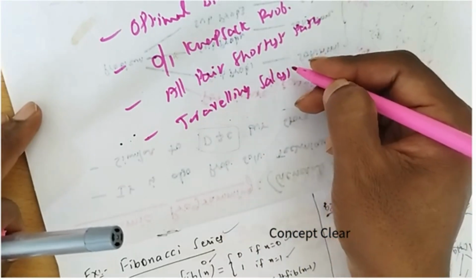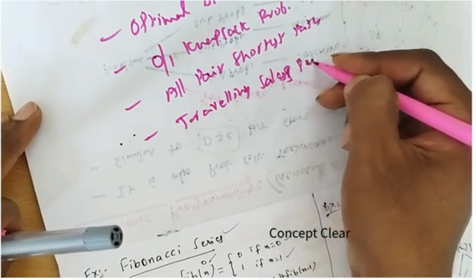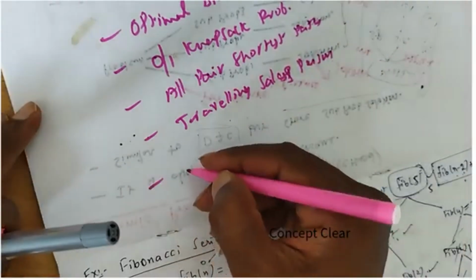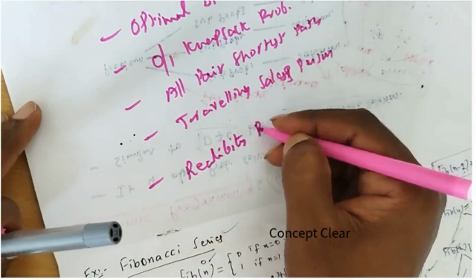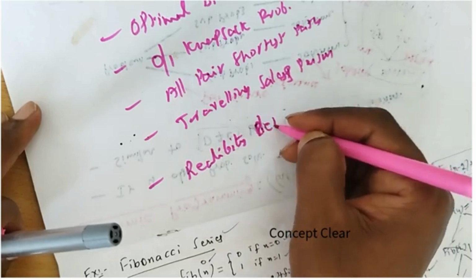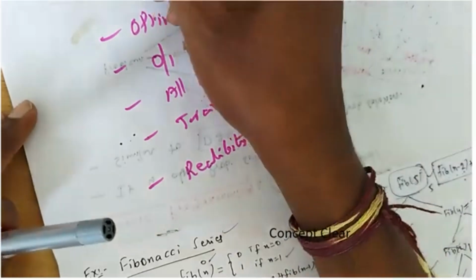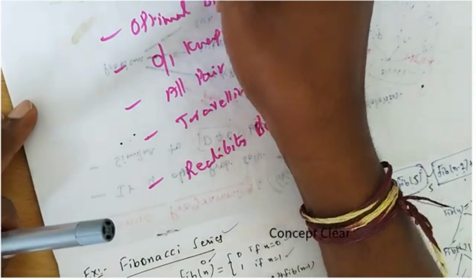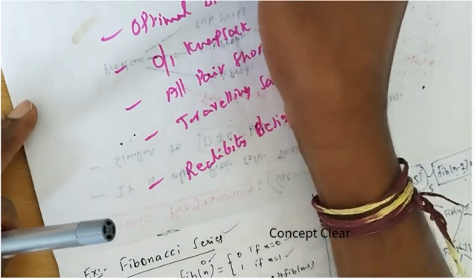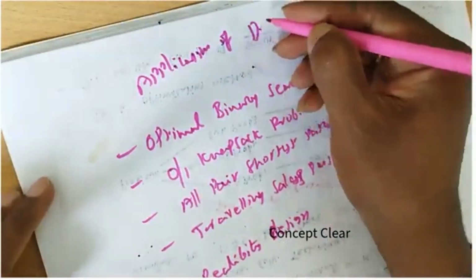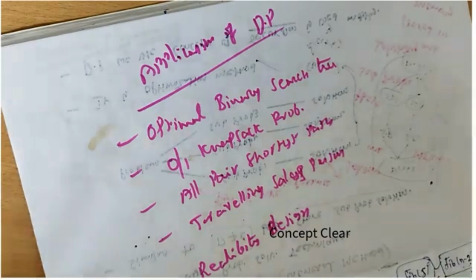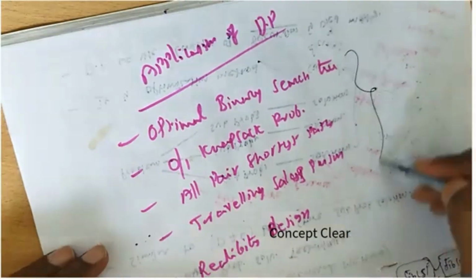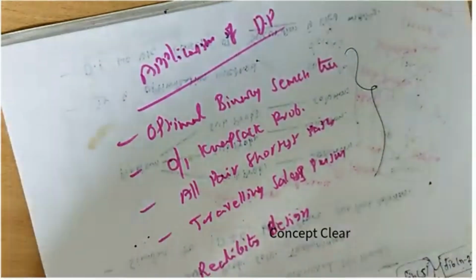Then traveling salesperson. And the last one is reliability design. These are the applications of dynamic programming. In this chapter we will discuss all these topics, then only our unit will be completed.